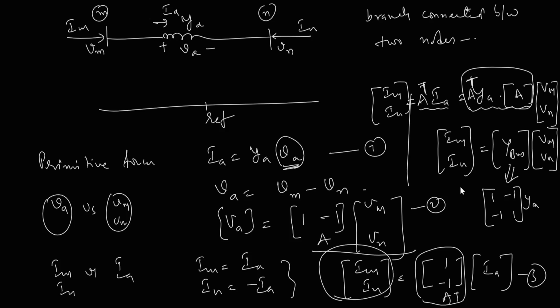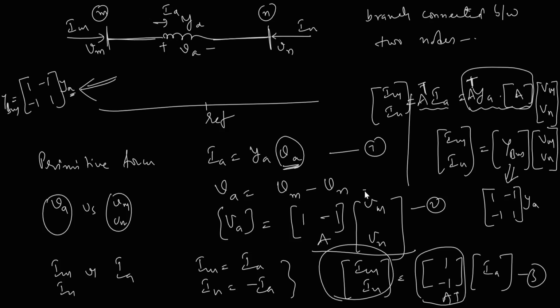So this is the Y bus, right? Now the building block for a branch connected between two nodes or buses is simply [1 -1; -1 1] into Ya. What is Ya? The primitive admittance of that line, right? Now this is equal to Y bus.